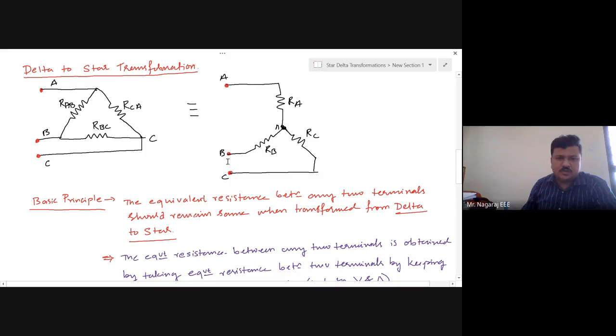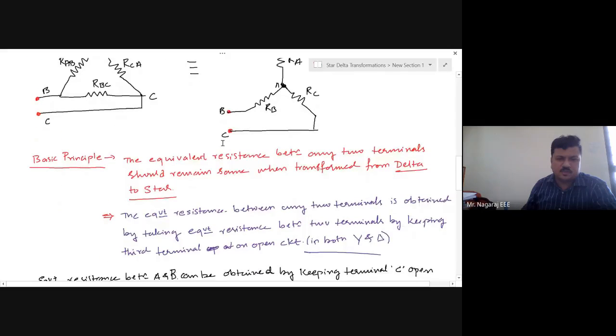Whatever equivalent values I get, I take as the equivalent transformed values.